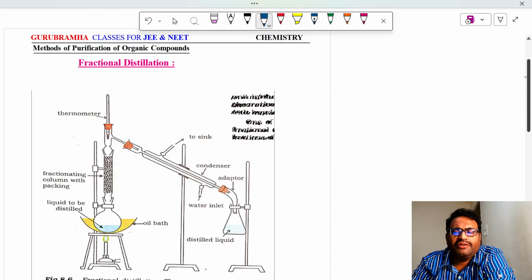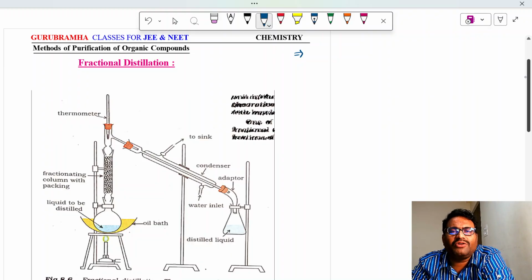If the boiling points of those two liquids are much closer, then those cannot be separated by simple distillation.